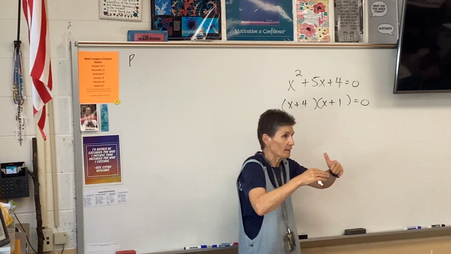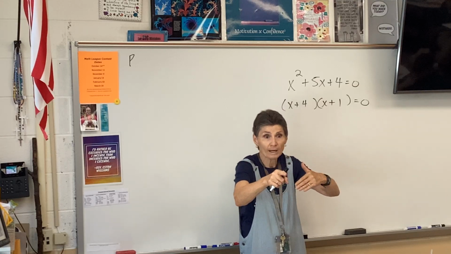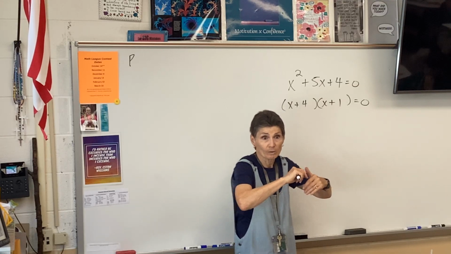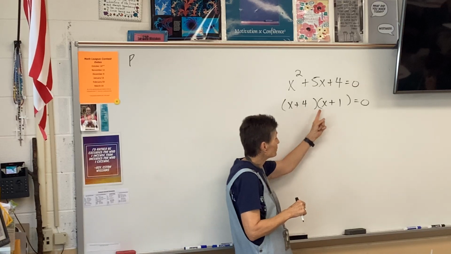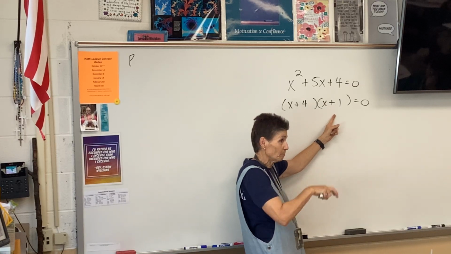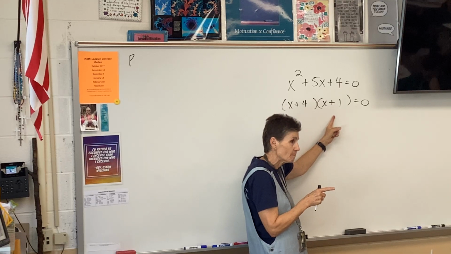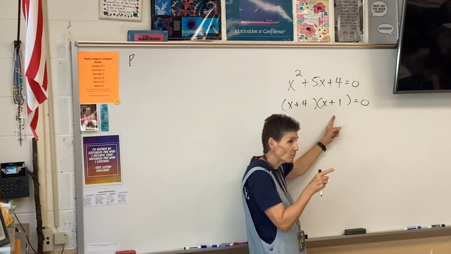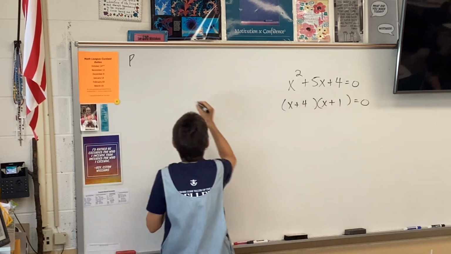This is the zero product property. What do you do next? Set each one equal to 0. Now, why do you do that? Because if two things multiply to equal 0, what do you automatically know? One or both have to be zero. So that's the zero product property.